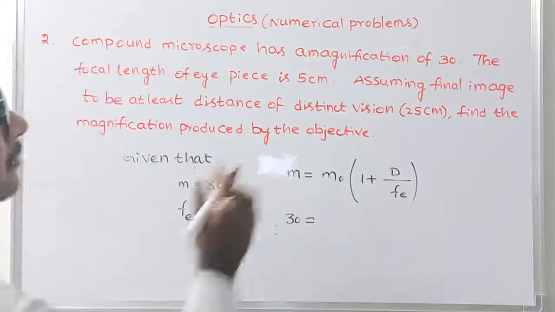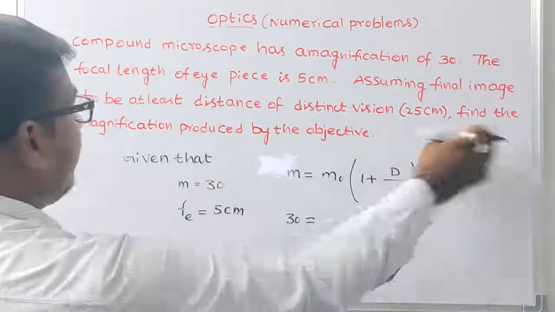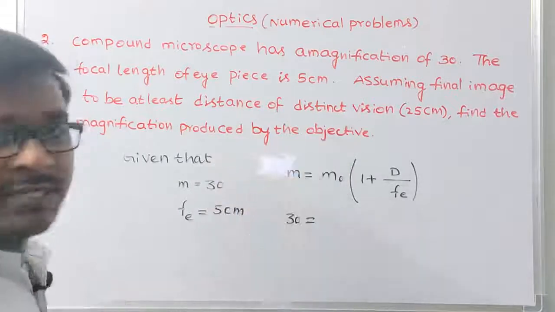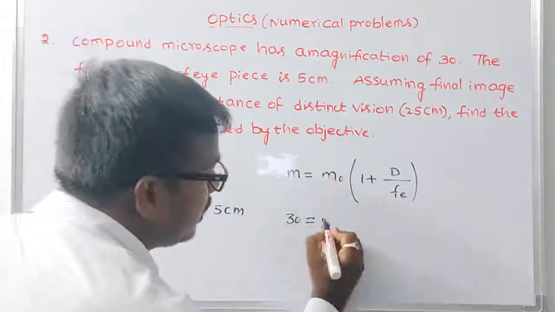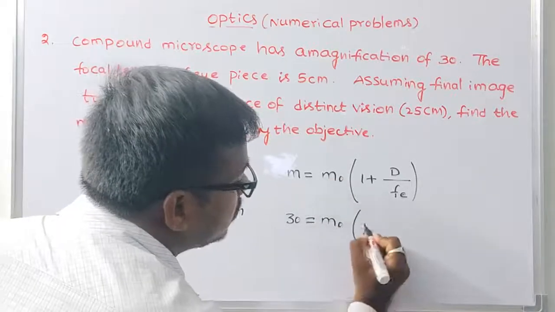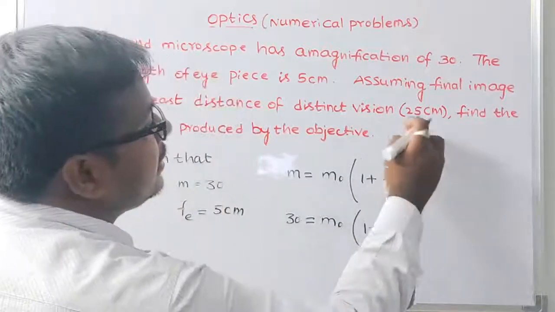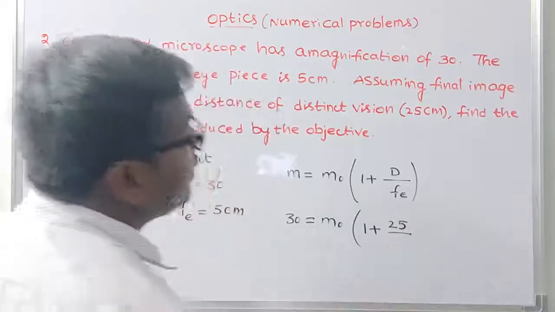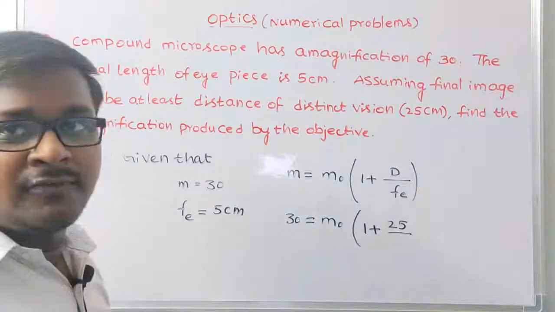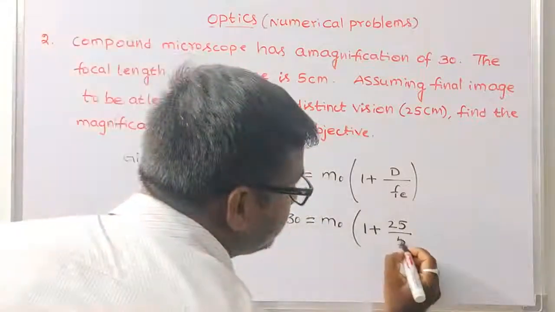Find the magnification produced by the objective, m naught, is the magnification produced by the objective. m naught into 1 plus d, the distinct vision 25, by the focal length of the eyepiece 5.